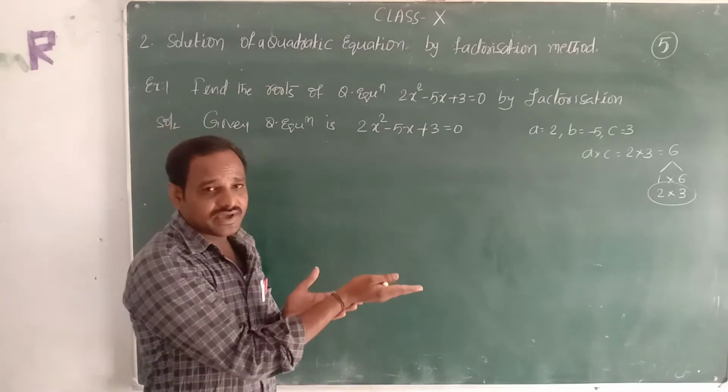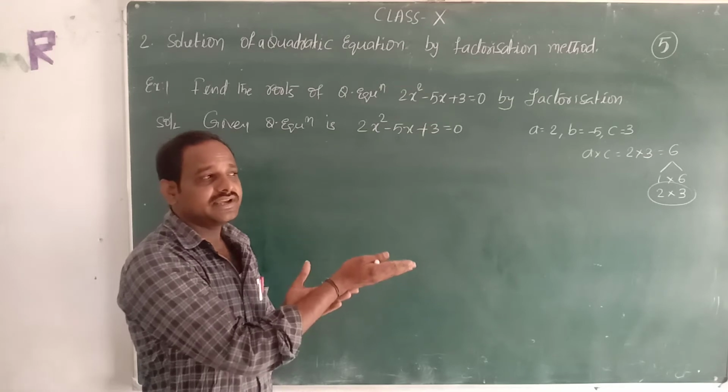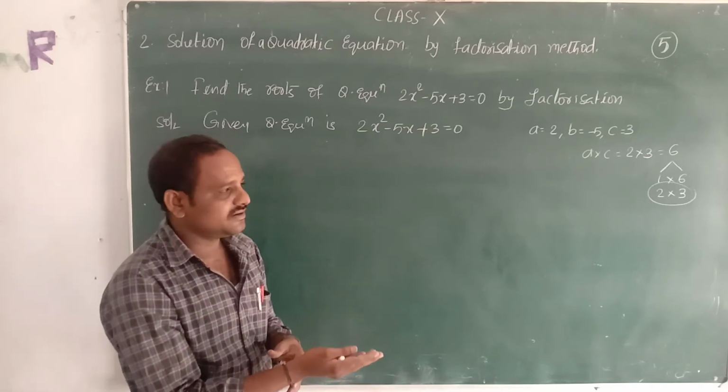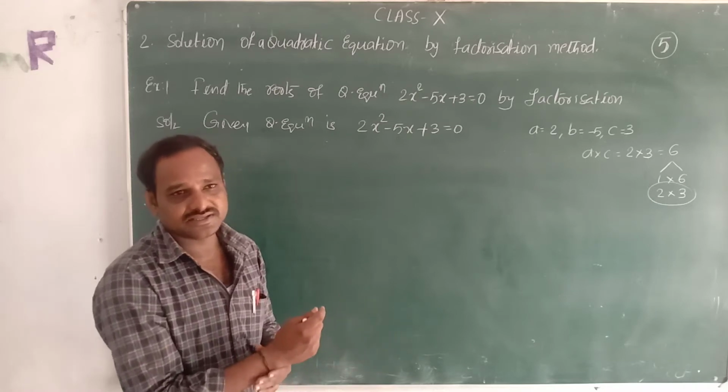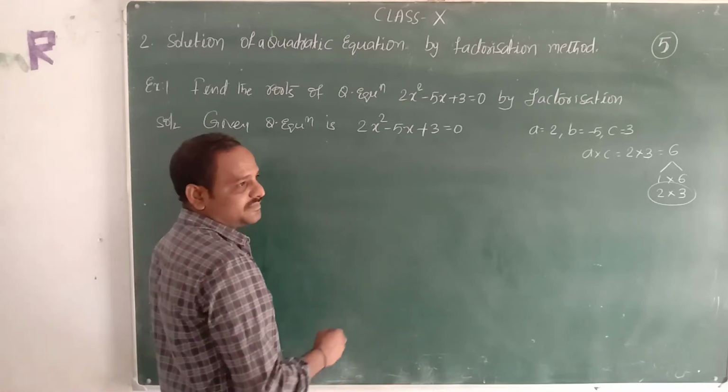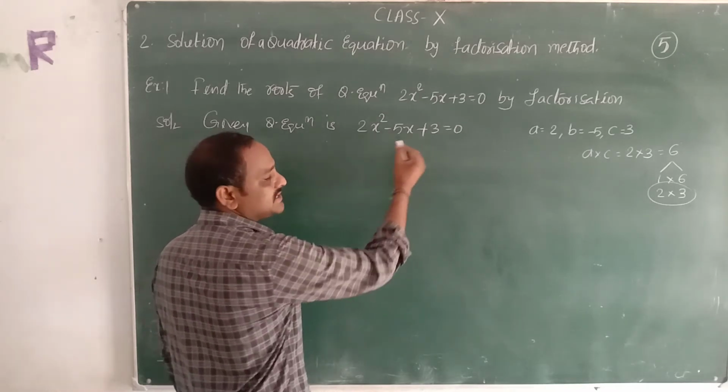If two positive values you take, then we will get plus 5x. But if you take two negative values, minus 2x minus 3x, how much will we get? Minus 5x. Now observe how I am writing this middle term.